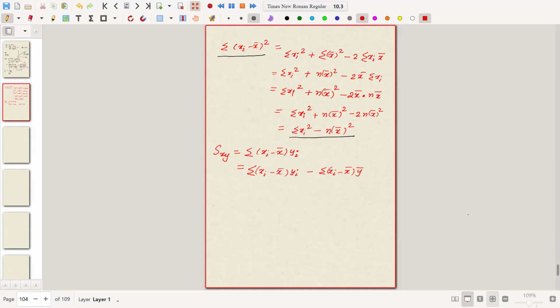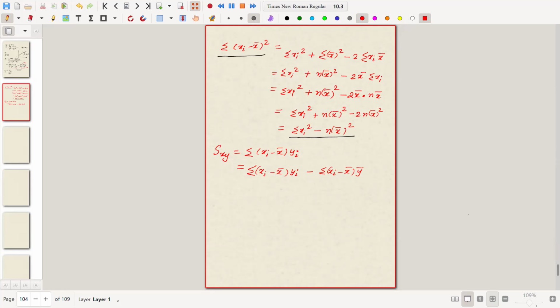Maybe it might not be correct, but I'm giving you a hint that you can proceed in this way.